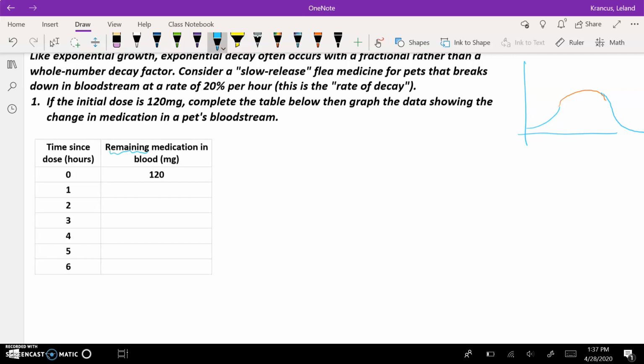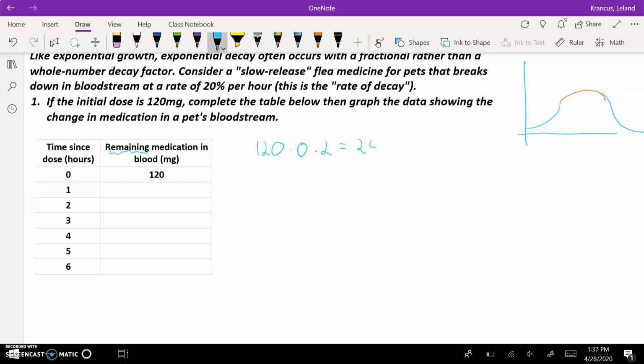So anyways, on this one, if 20% of it breaks down, that means 80% of it is left. So a couple ways you might predict the next number is you could say, well, if I have 120 milligrams in your blood and you multiplied it by 0.2, that's going to tell you how much it's actually going to change by.